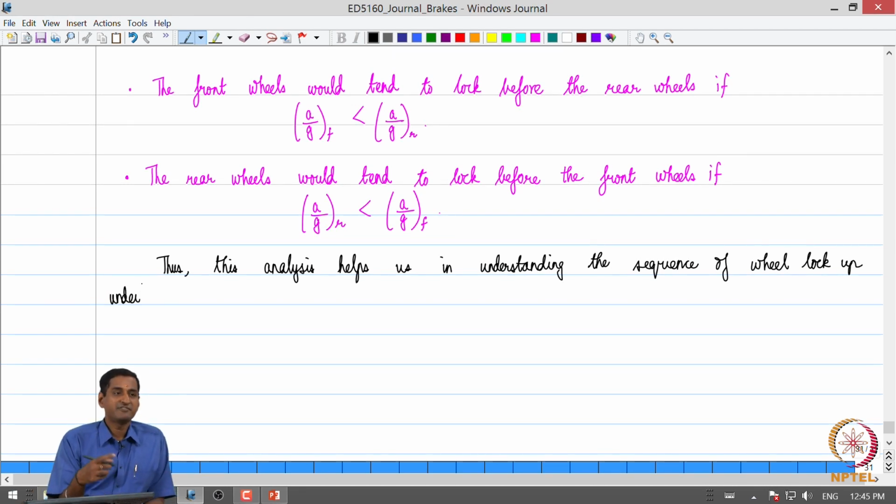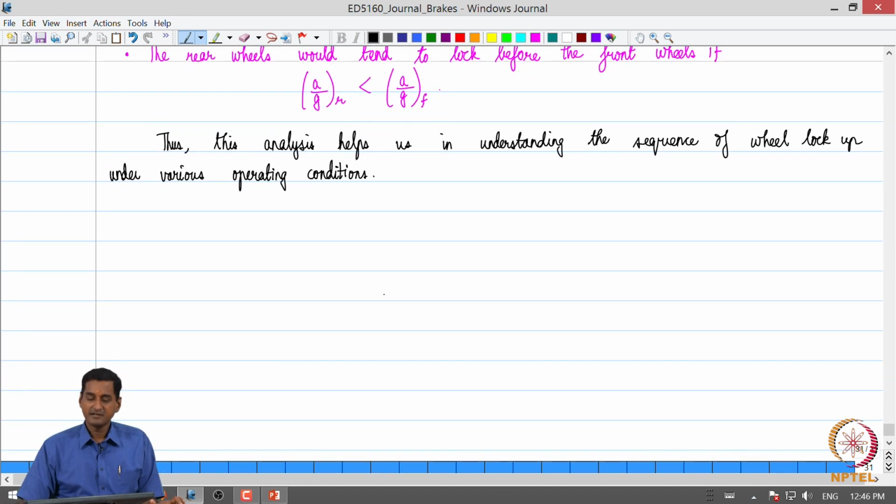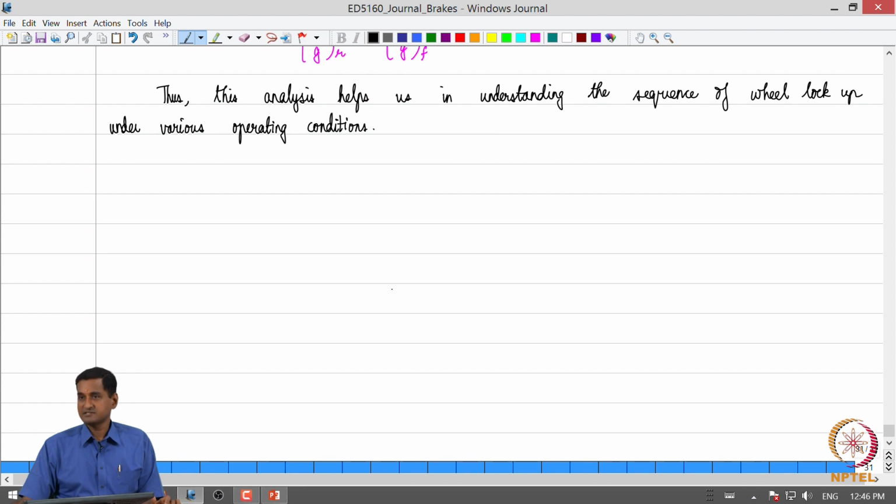Because you can see that it is a function of KBF, brake force distribution, it is a function of mu, it is a function of CG and so on, right. So, under various operating conditions. Okay. So, that is at least the impact of this analysis.